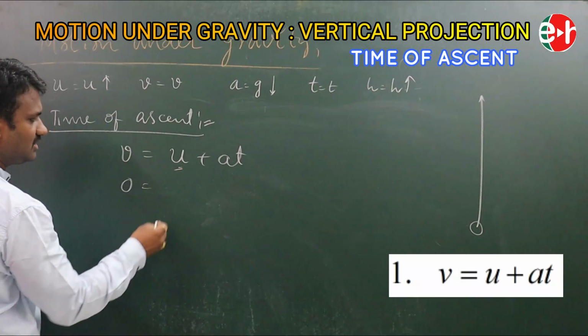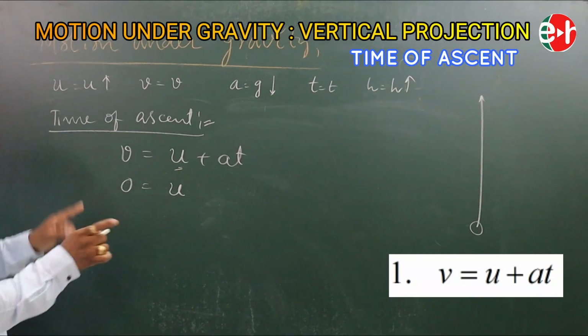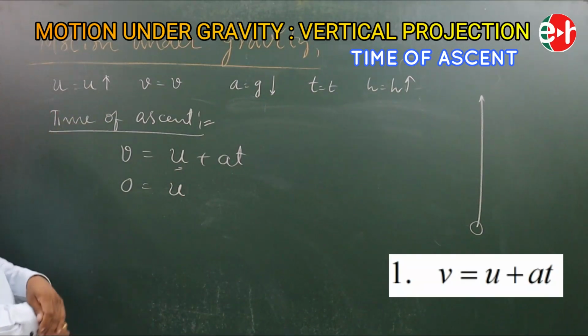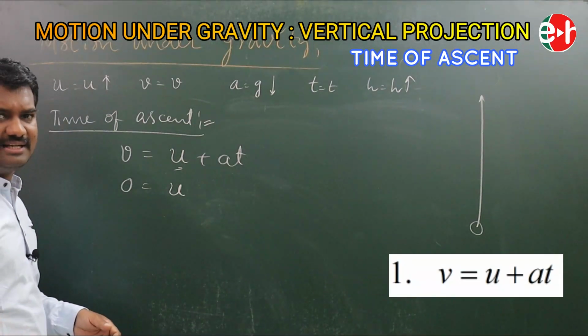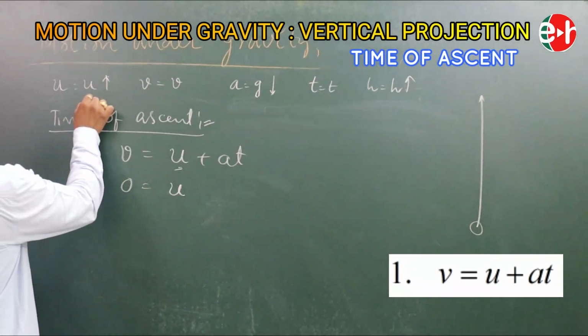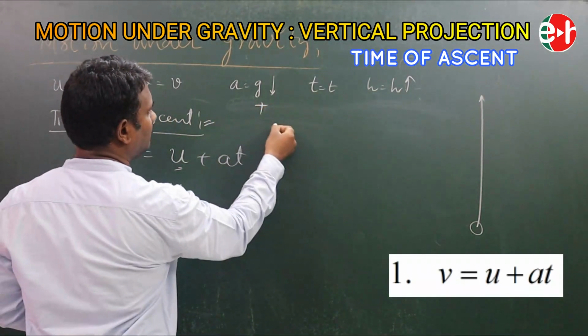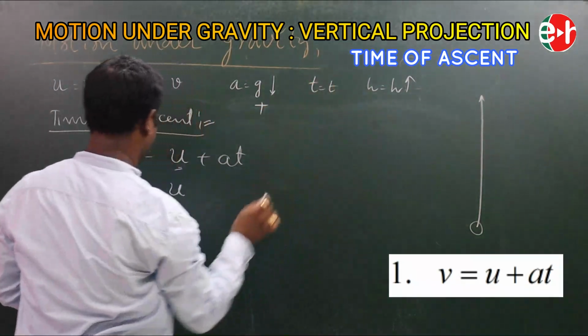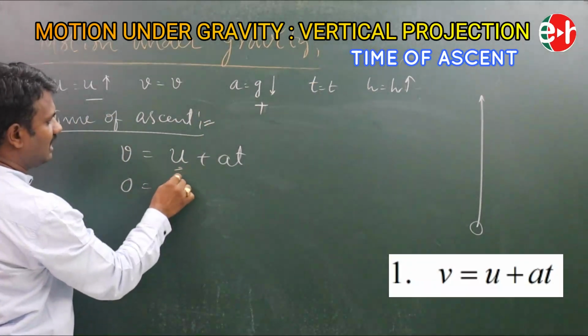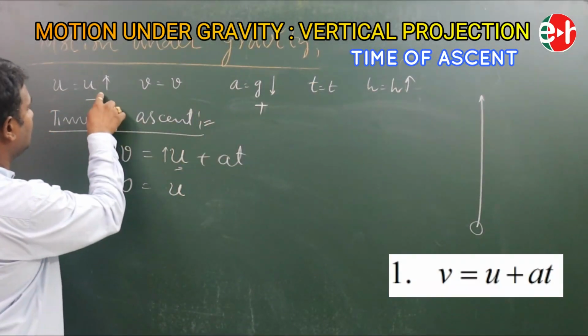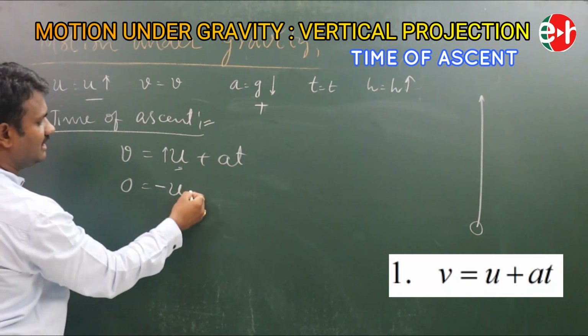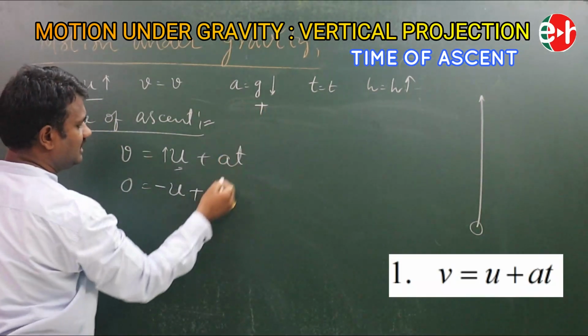That's why the final velocity will be zero. 0 is equal to u plus a t. But what is the sign when it is moving upwards? It is your choice. Let us take upward as negative, downward will be positive. U is in the upward direction, initial velocity, so it is minus u, plus a, which is g.